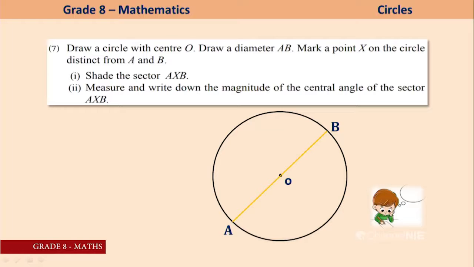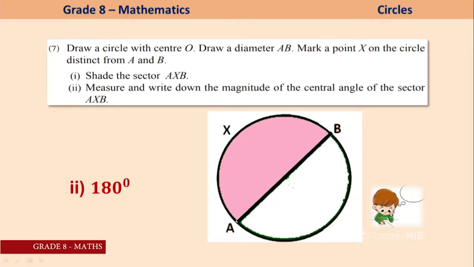Mark a point X on the circle distinct from A and B. You have to mark a point X. Then shade the sector AXB. You have to shade the sector AXB like this.